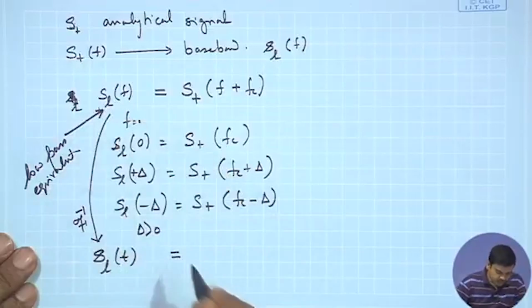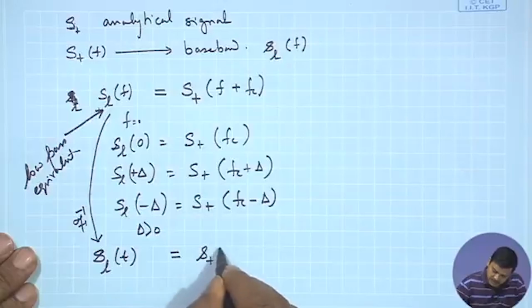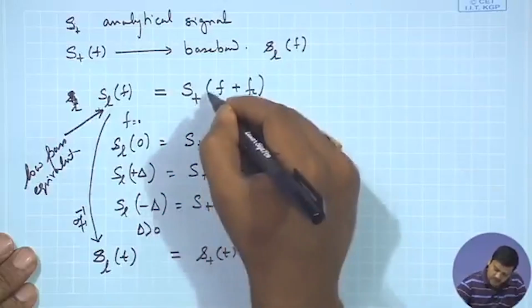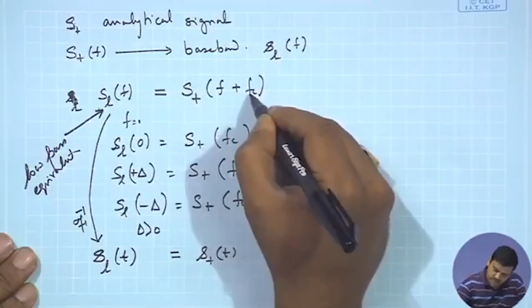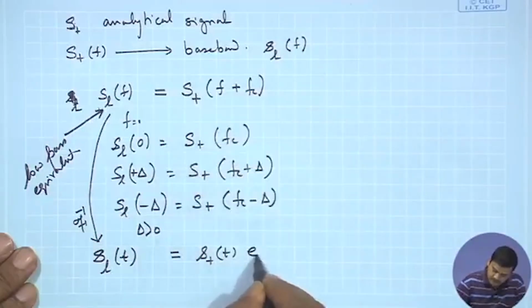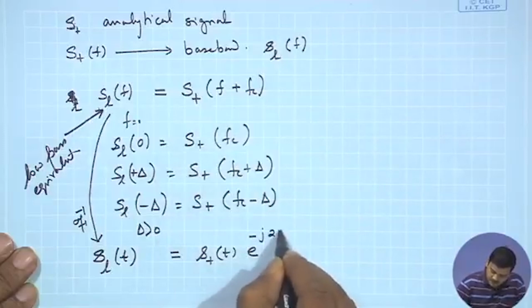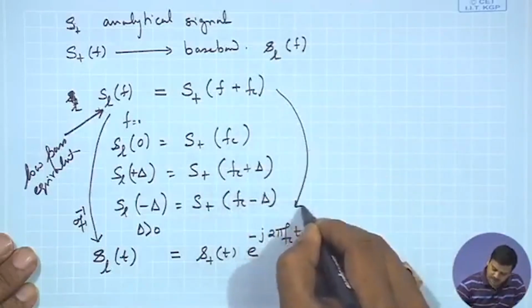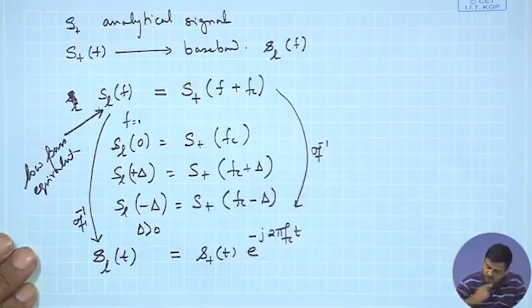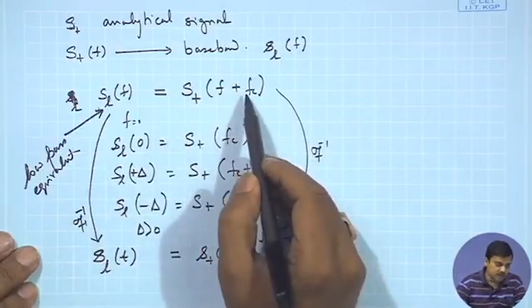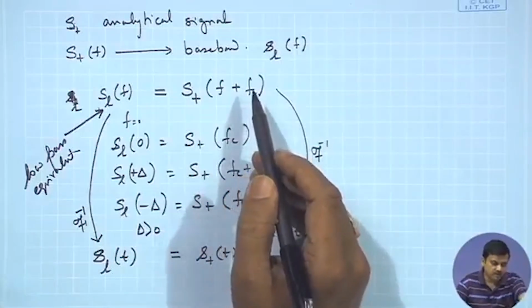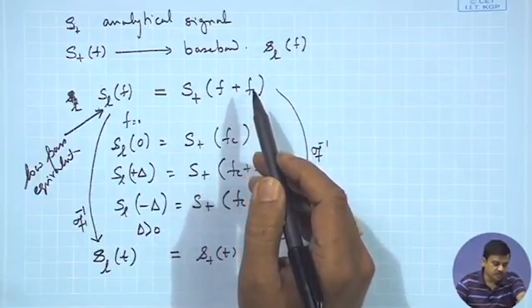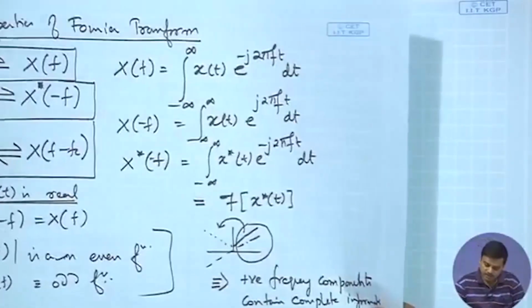So, that would mean that we are going to get S_plus of t, the inverse Fourier of this, but there is a scaling, and that scaling would mean e to the power of minus j 2 pi f_c t. S_plus would relate to this thing, as well as this would lead to scaling. We have already seen such relationships here.